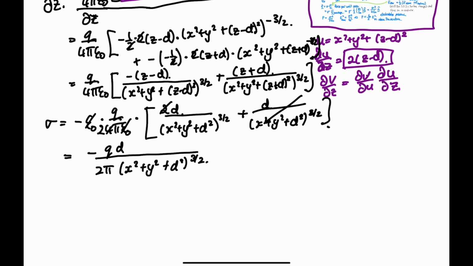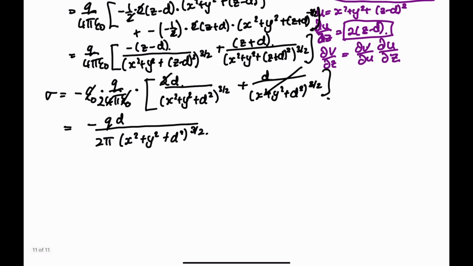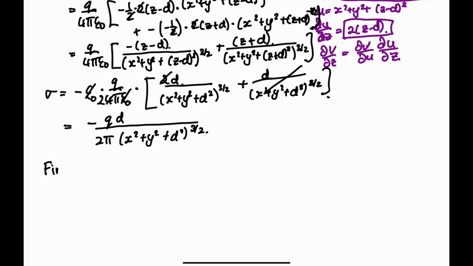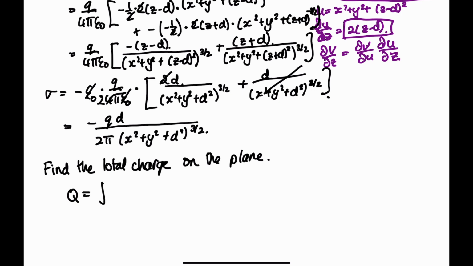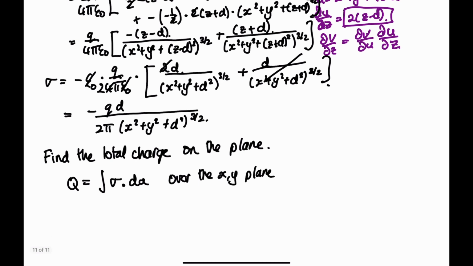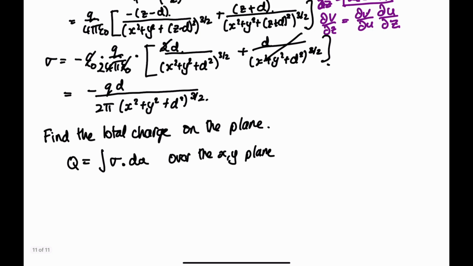Now, another thing that we can do with this is find the total charge on the plane. To find the total charge, we're going to have to do Q is equal to the integral over the surface of the charge density times the surface element. So this is over the xy plane. Now, it is possible to do this in Cartesian coordinates, but it is a bit of a complicated integral.